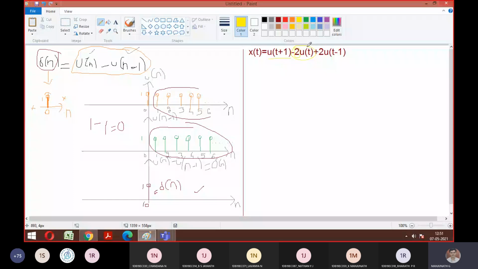For that you should multiply by amplitude 2. Then you can add all 3 signals to get the final answer. Or you write the first signal, subtract the second, then add the third. Both are fine, but I prefer you go with addition only, so that it will be easier and you can do the things faster also.